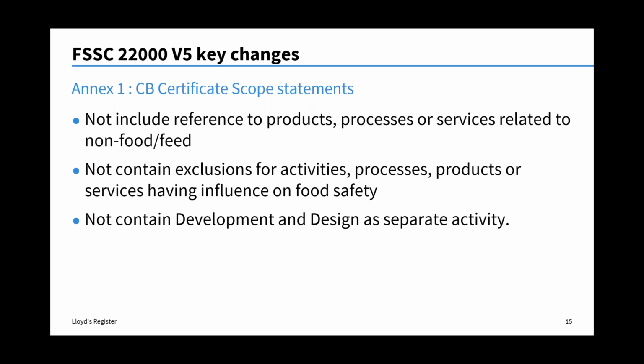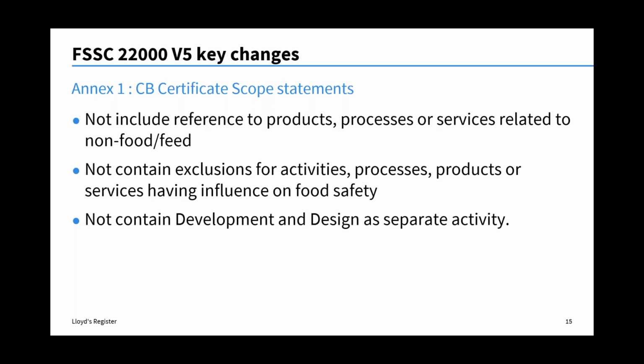The scope statement should also not contain any exclusion for activities, processes, products, or services when those activities, processes, products, or services can have an influence on the food safety of the end products. Wherever permitted exclusions are applied, this should be mentioned on the report as well as on the certificates.